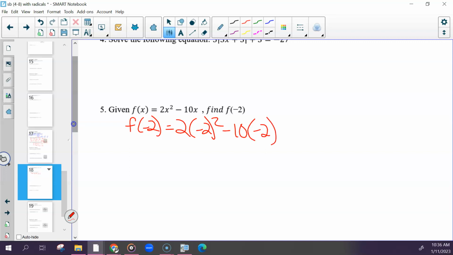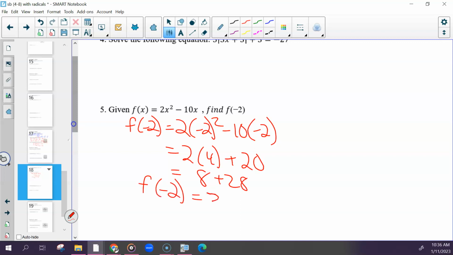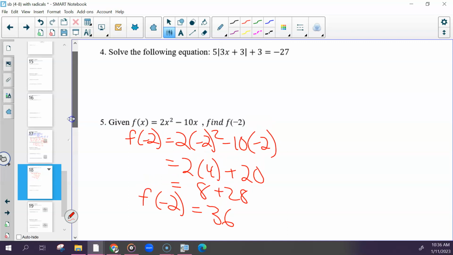And then figure out what your y value is. So f of -2 should have been 36. If you did not use parentheses, you may have gotten the wrong answer. Questions on that one?